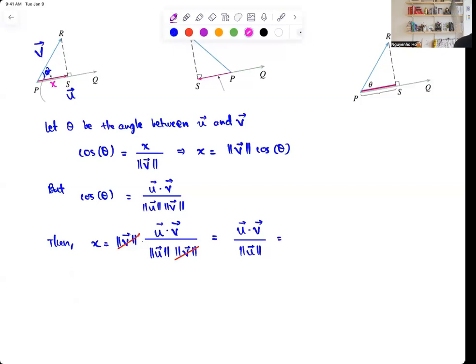This is called the component of v onto u, or the scalar projection of v onto u. To calculate the vector projection, the vector is in the same direction as u, therefore we multiply by the unit vector.